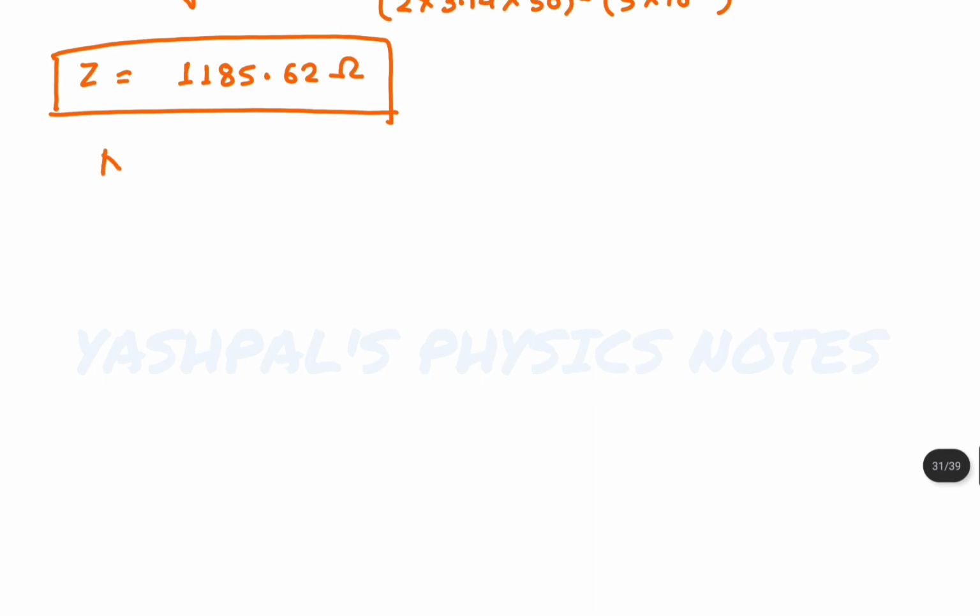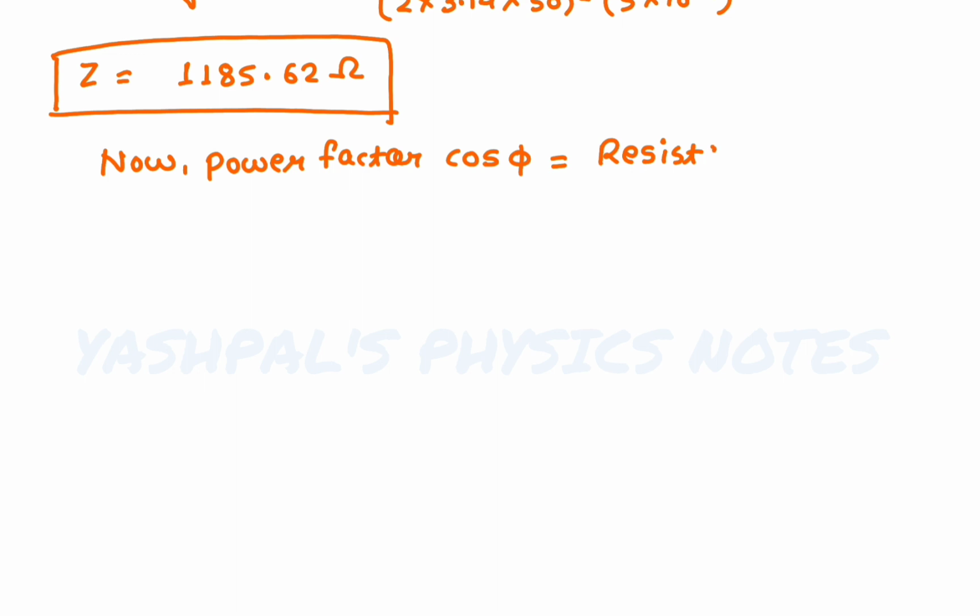So now power factor, that is cos phi, is given as resistance upon impedance.